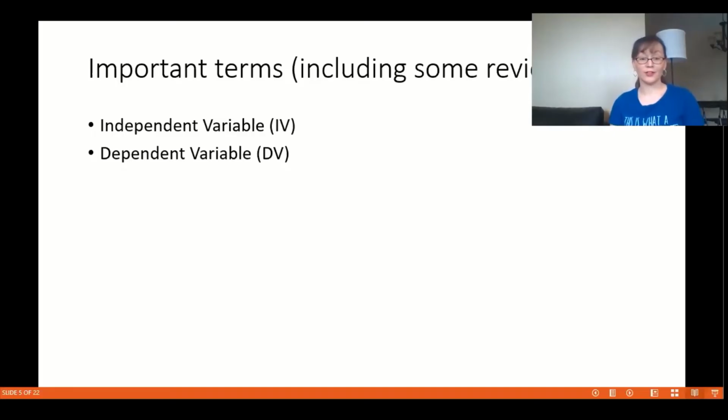Hopefully you answered those questions on Blackboard, since we'll go over the answers now. When we think about an independent variable, what's important to remember is that it is the variable that the researcher manipulates. This is the variable where the researcher decides what's going to happen.